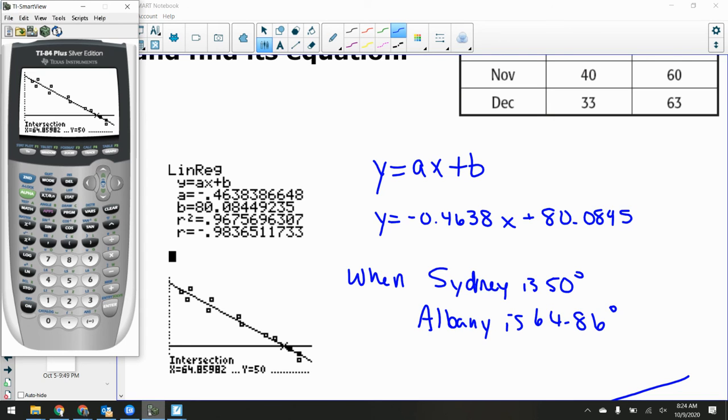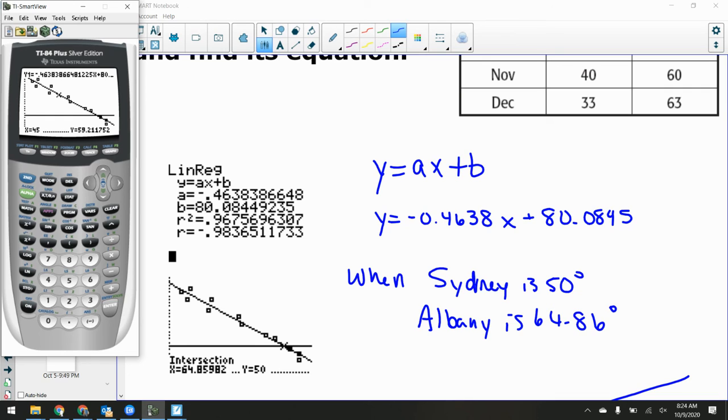Go back to your graph, and you just hit second, calculate, and look at choice 1, value. Value of the X value is 45. Again, that was second calculate, second trace, and then the first option. And then you just enter in 45.